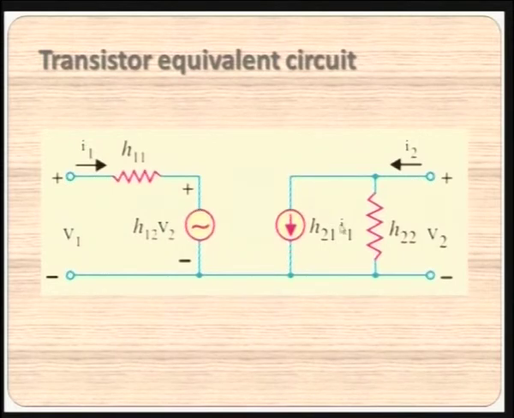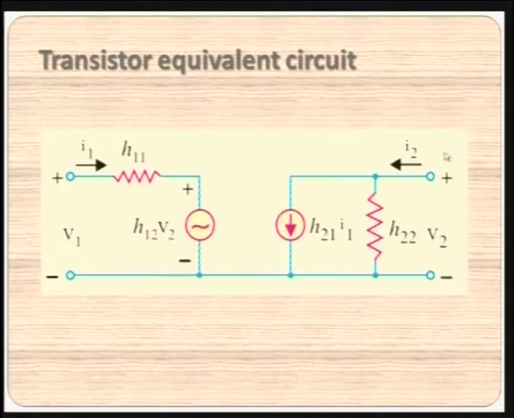So this is the current generator, and this is again the current term H22 V2. H22 is the admittance. Admittance multiplied with voltage will give us the current. So that is how these two supply current to the output current, that is marked here as I2, which is equal to IC, or the collector current.